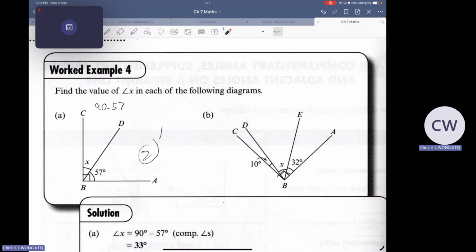So angle x equals 90 minus 10 minus 32 because complementary angle, because 90 minus this will get this, that's the difference. Why 90? Complementary angle. How do you know? Because of this. You don't need to say because I see a square there. Normally you just tell them complementary angle. Good enough.